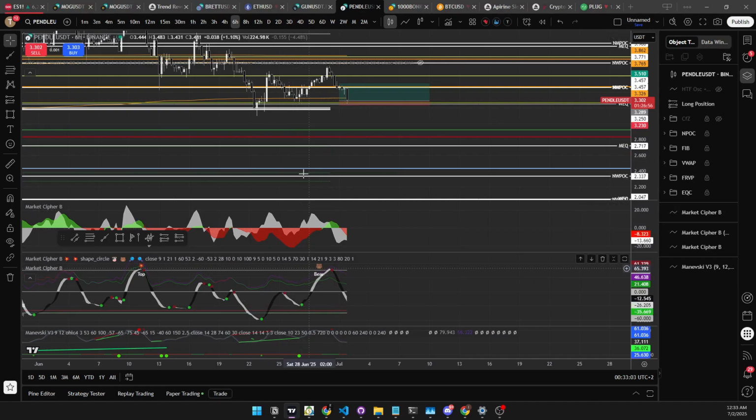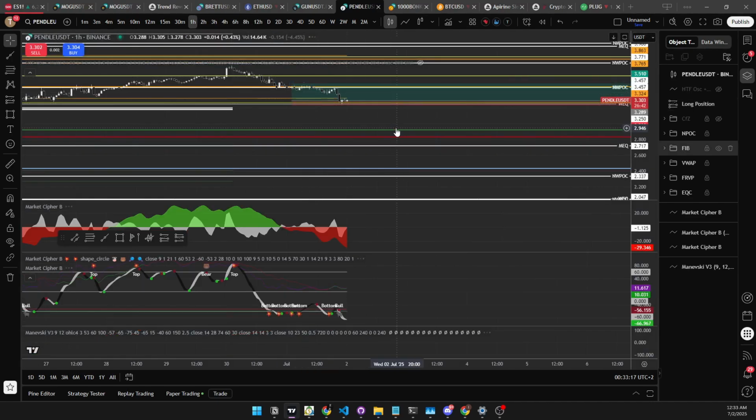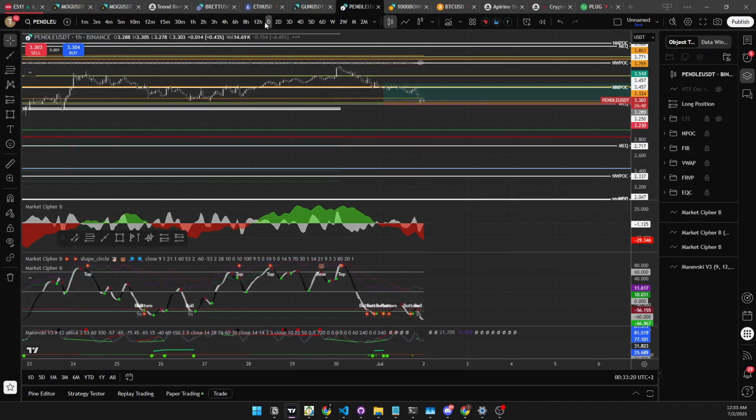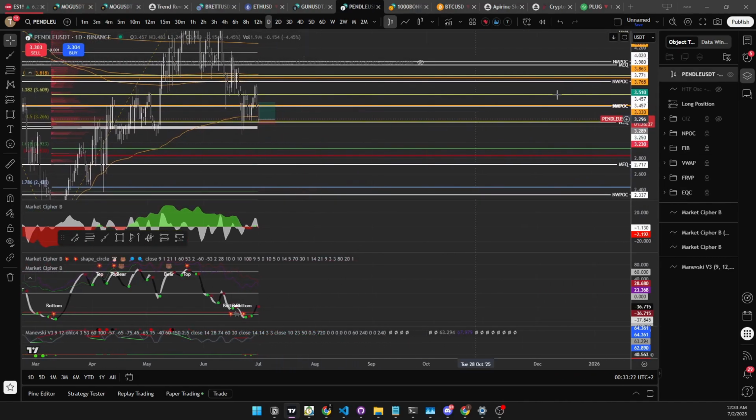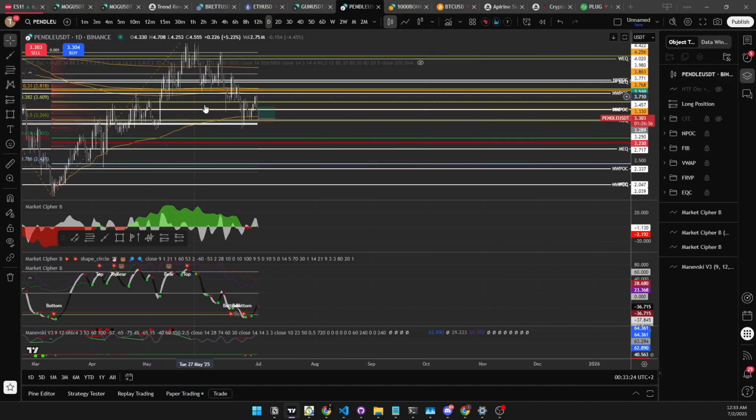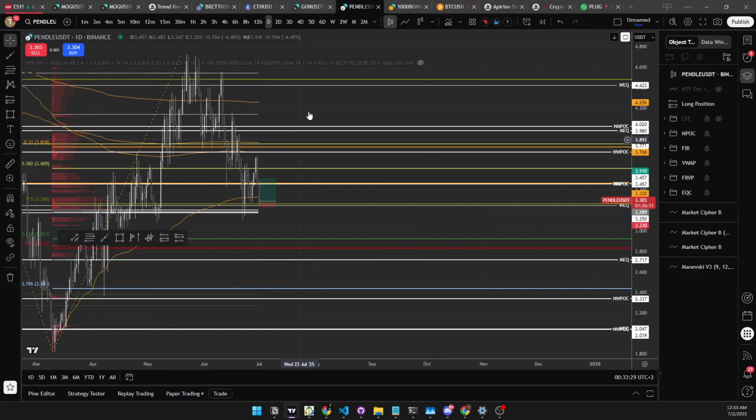Because this was higher and this was lower, and then you have the momentum up, right? So yeah, pretty comfortable with this zone here. But that's for another time, because this was just meant for the key levels.